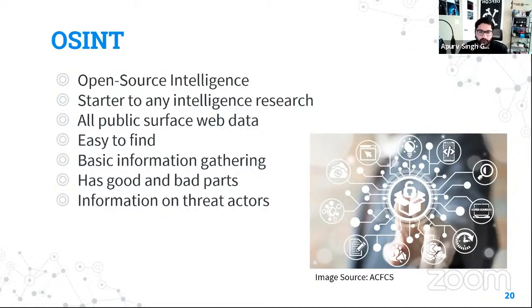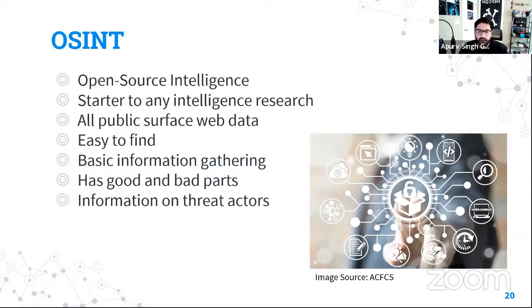So I will take the example of finding something on the threat actor. OSINT is all the public data that you can get on the internet. It can be anything starting from Google searching, social media monitoring, or any other site monitoring, where you can get things about the threat actor or about any person you are researching.